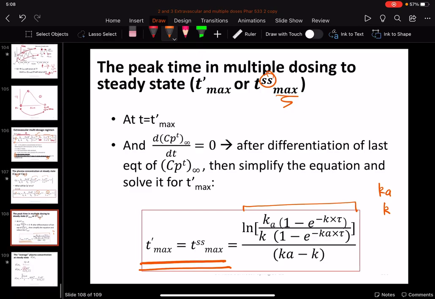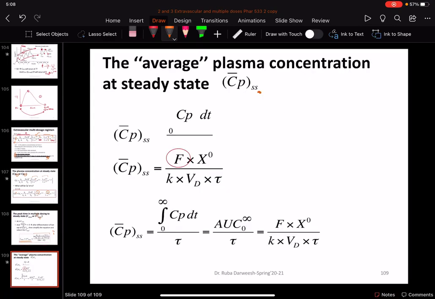If we want to determine the average steady state concentration, it has the same concept: the integration from 0 to tau of the steady state concentration dt over tau.